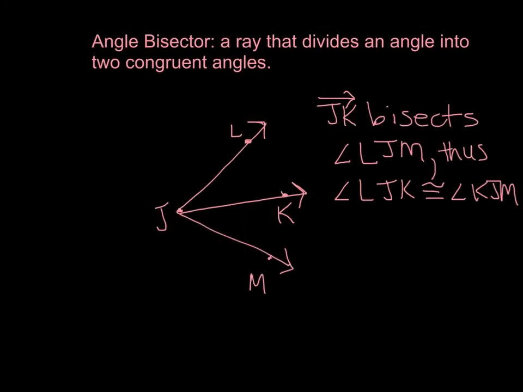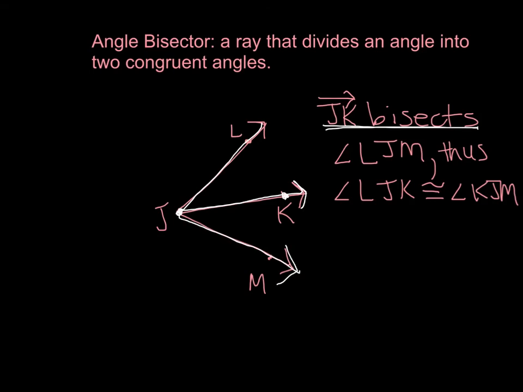Okay, the last vocabulary that I want to go over is angle bisector. An angle bisector is a ray that divides an angle into two congruent angles. So here's the notation. They tell us right here in this diagram that ray JK bisects angle LJM, which is this entire angle.